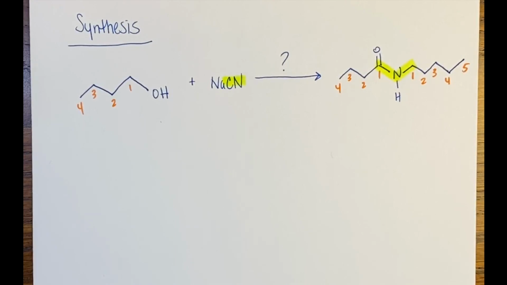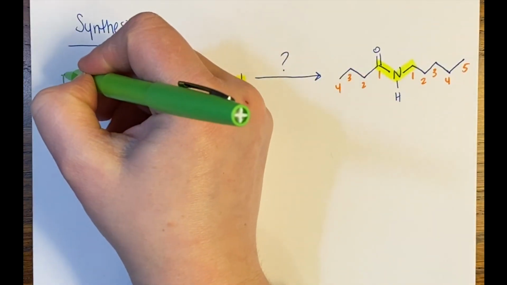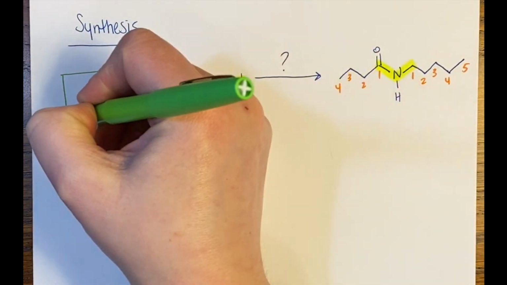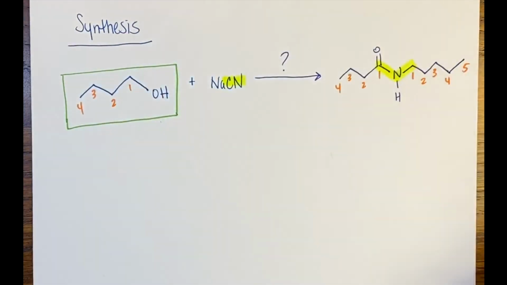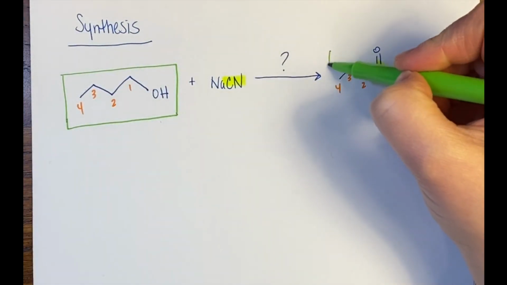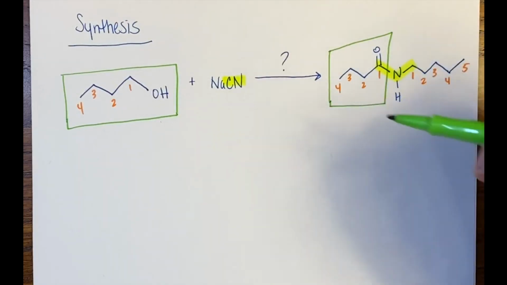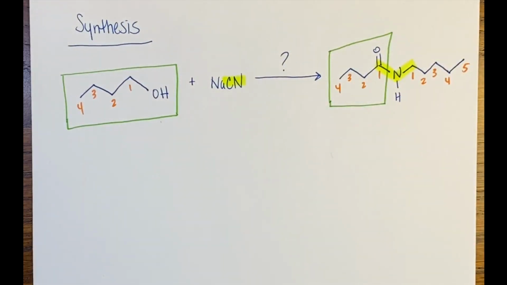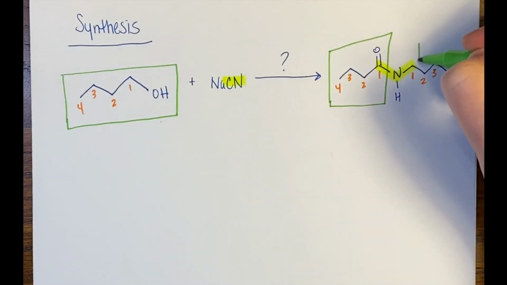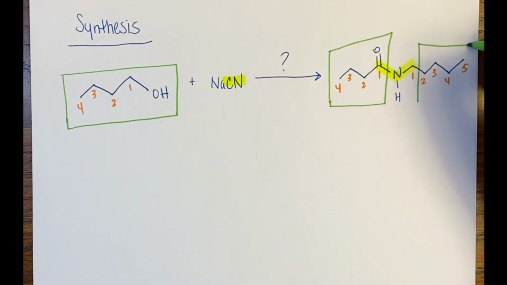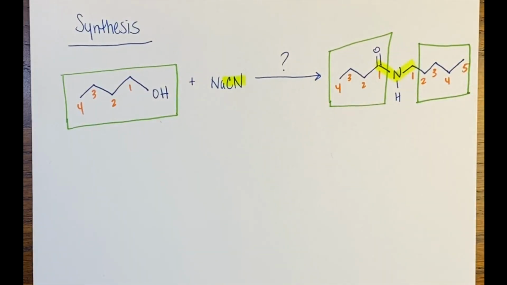So if I think about how I'm going to bring these pieces together, it seems likely that my alcohol carbons are going to be where I get these 4 carbons in my molecule. It seems likely that the 4 carbons on the amide also would have come from a second molecule of that alcohol.